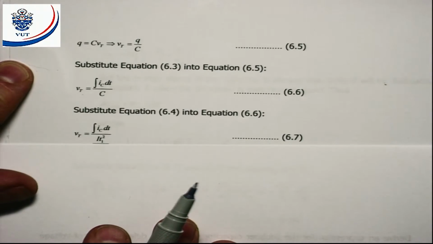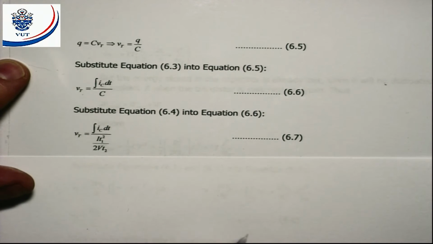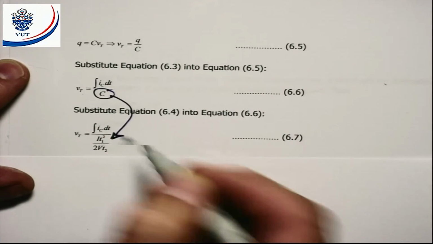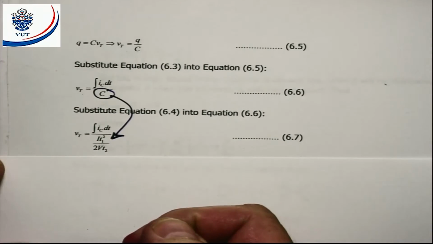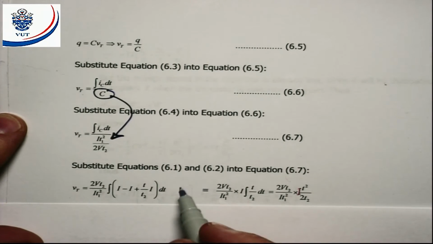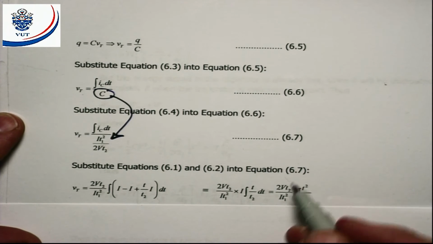If we substitute equation 6.4 into 6.6, and that is the value for our capacitor, we replace C with the expression that we got for C, and then we substitute equations 6.1 and 6.2 into equation 6.7.